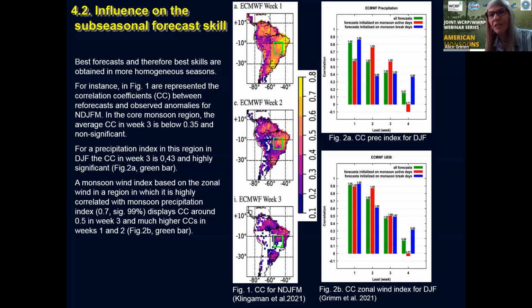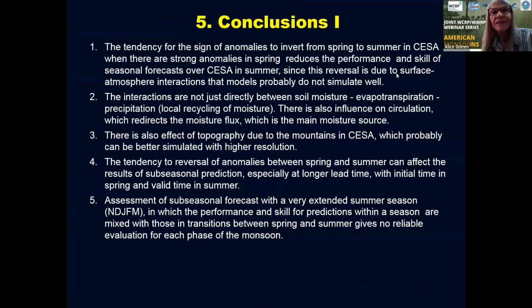But when you look just at December, January, February, in the third week, you still have a very good skill. This is a study we did some years ago. So I think this is a problem that we have to face, because it's the most important period to have good predictions.